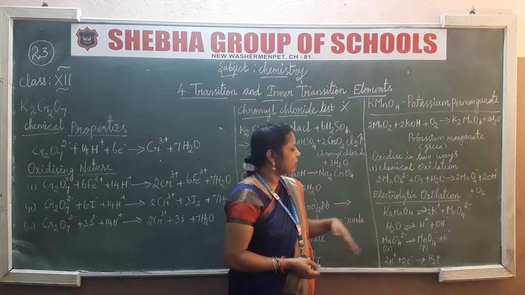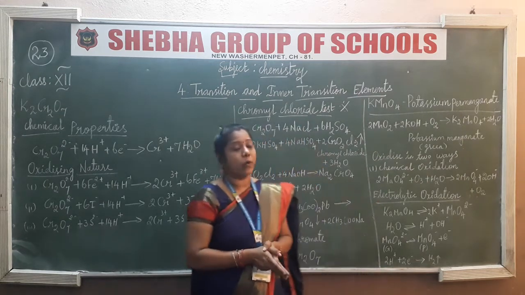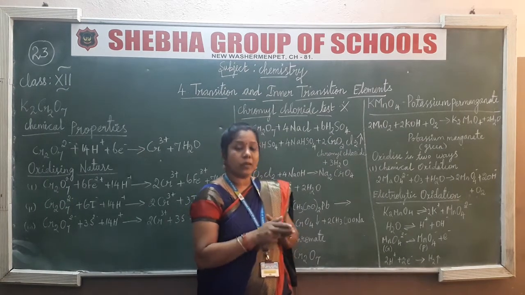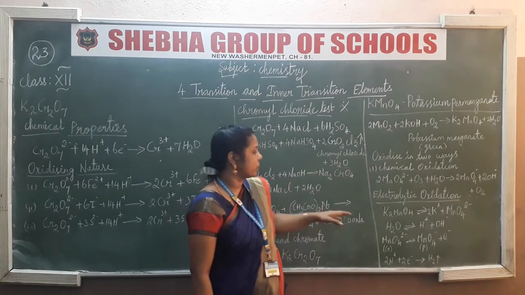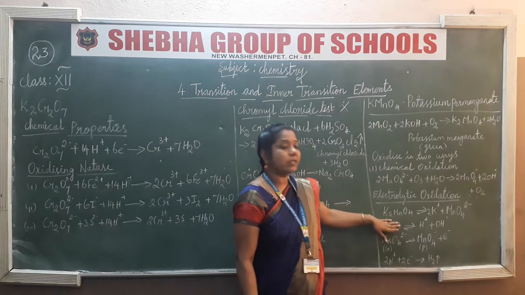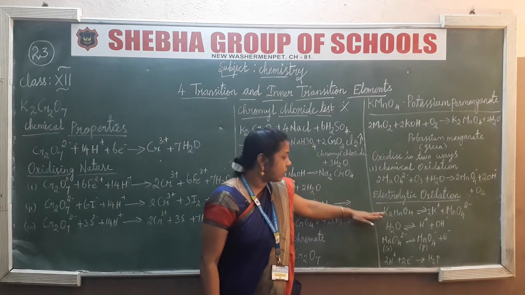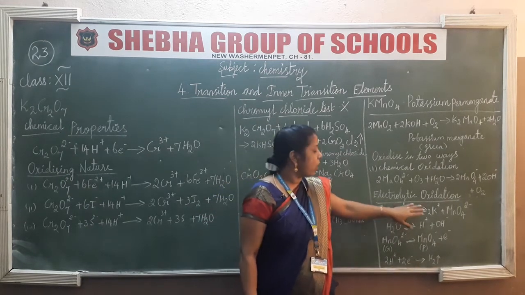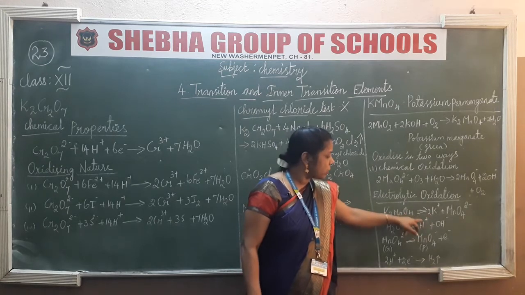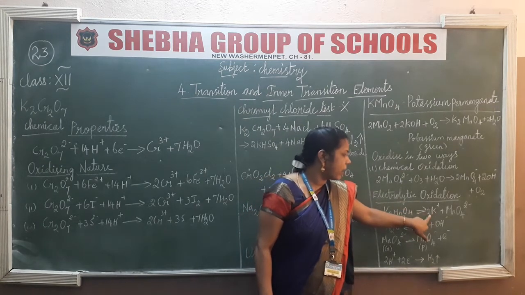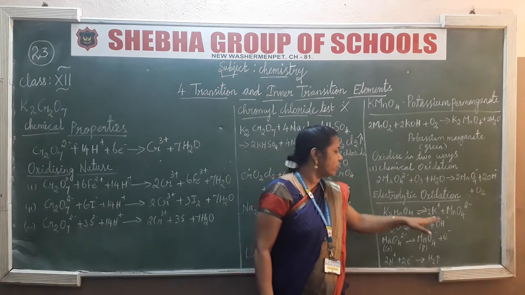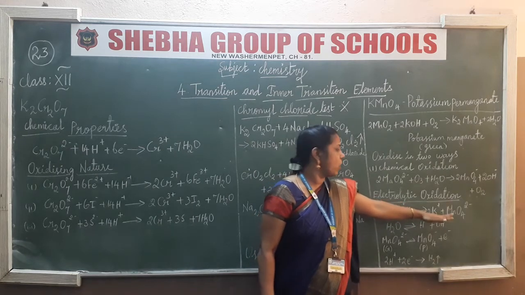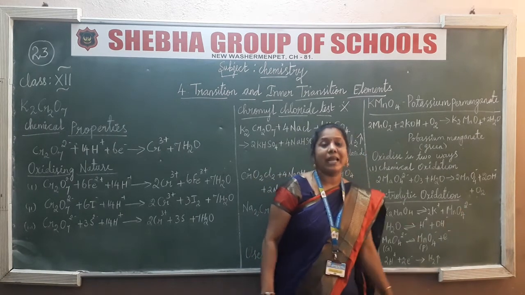And this is for electrolytic oxidation. Electrolytic means, as you know very well, ionic compounds split into ions. K2MnO4, potassium manganate, splits into potassium positive ions and manganate negative ions.